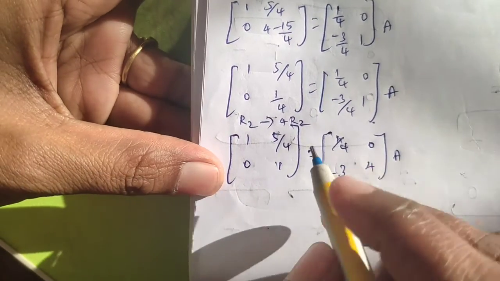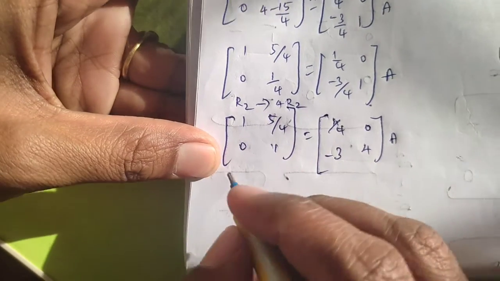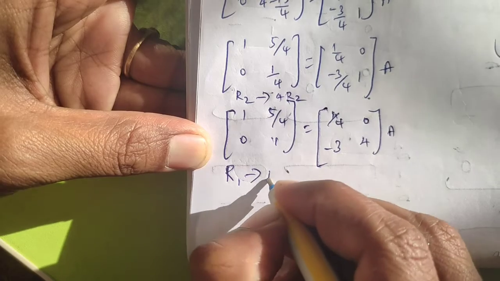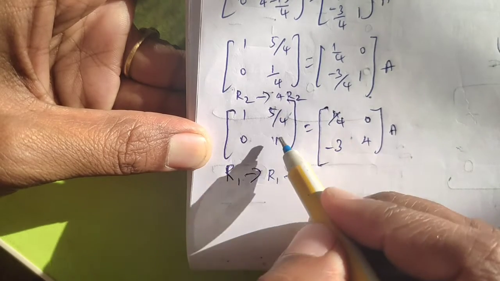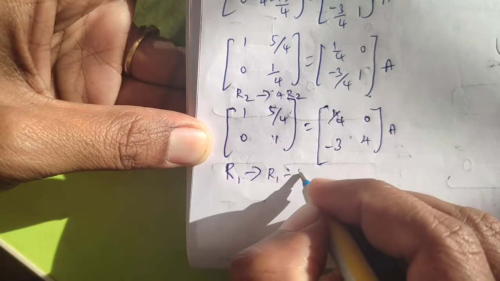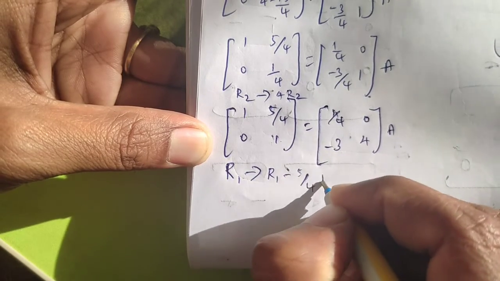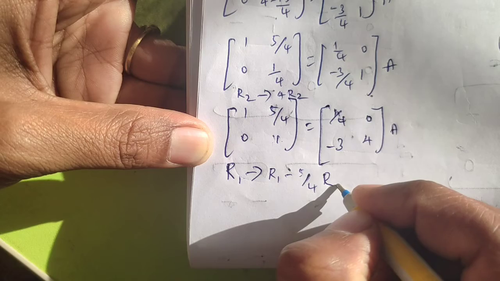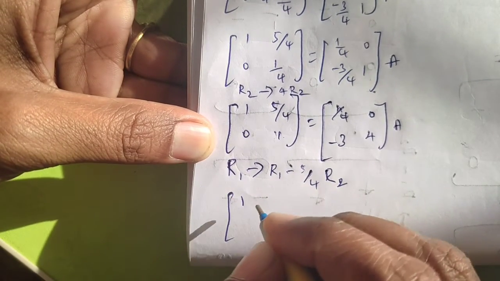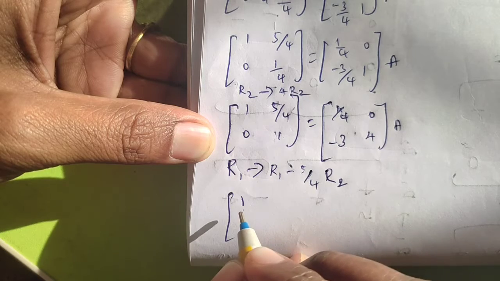The next step is we should make this element 0. R1 tends to R1 minus 5 by 4 into R2. So 1 minus 0, so 1.